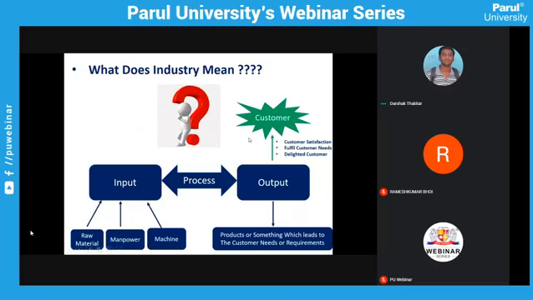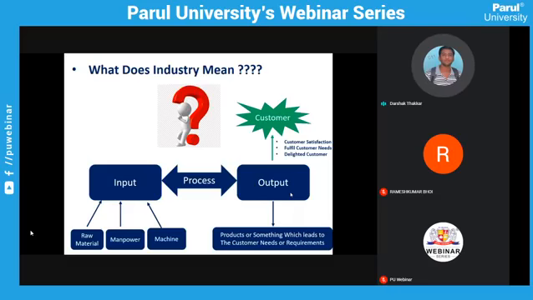Generally, our main focus is the customer. For that we are doing all this work. To sustain in this industrial world, in the business market, we have to satisfy our customer, we have to fulfill our customer needs, and we have to delight our customer, right? Generally we produce products which meet customer requirements and needs.